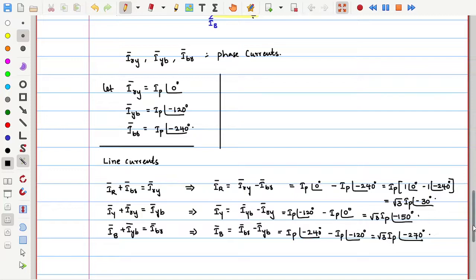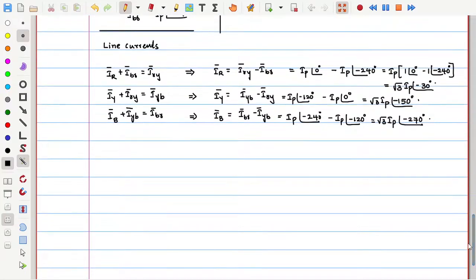Let me think of it in phasor diagram form. If these are the phase currents, IR current is this one.